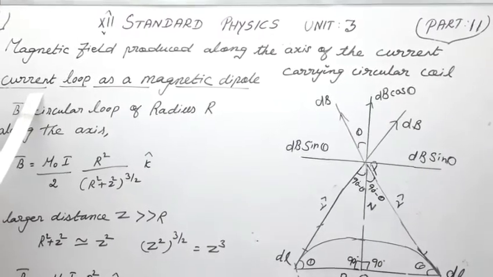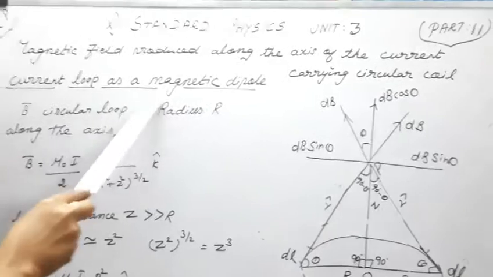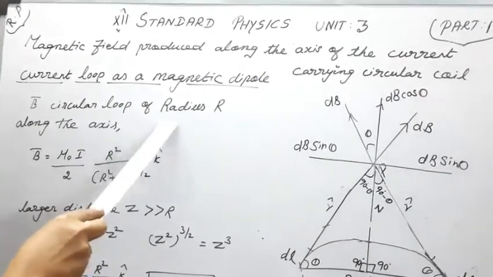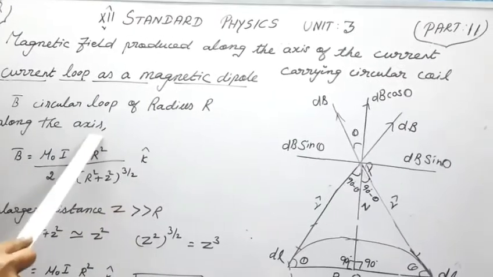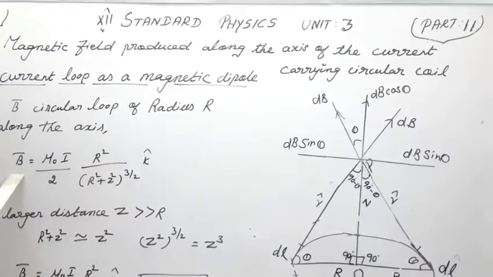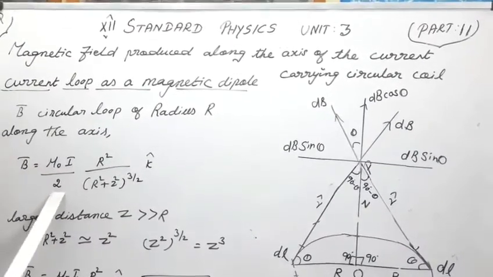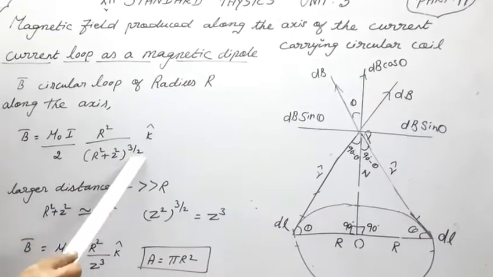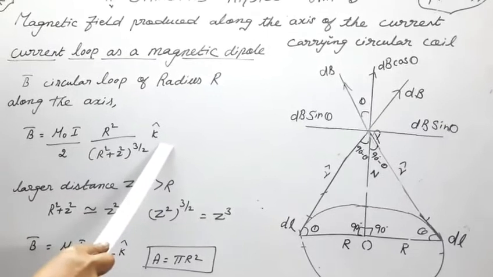The next topic is current loop as a magnetic dipole. The magnetic field from the center of the circular loop of radius r along the axis is given by B vector equal to mu naught I by 2, r square divided by (r square plus z square) whole to the power of 3 by 2, into k cap.